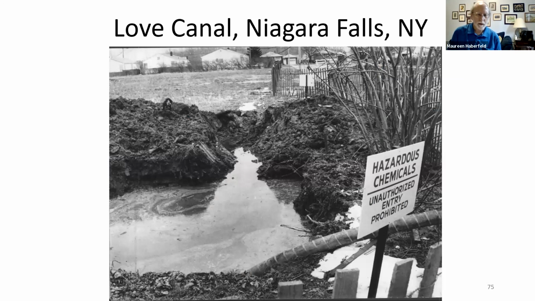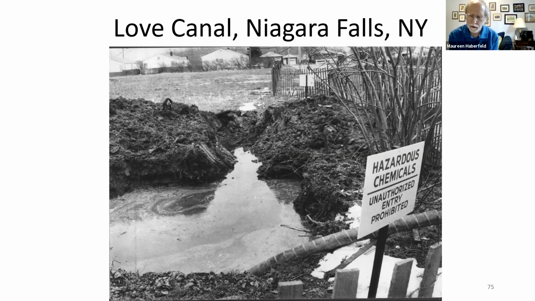Back in the 60s and 70s, there were a few real high profile situations that increased the understanding of most people about how we really need to protect our environment. One of these situations was in New York State, in Niagara Falls, and the area was called Love Canal.